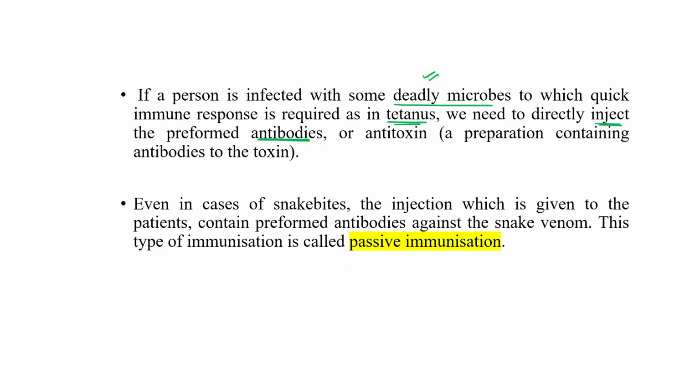So in that case, we directly inject antibody or antitoxin. Similarly, in the case of snake bite, injection with antitoxin or antivenom is required immediately. And this type of immunization, in which direct incorporation of antibody occurs, is called passive immunity.